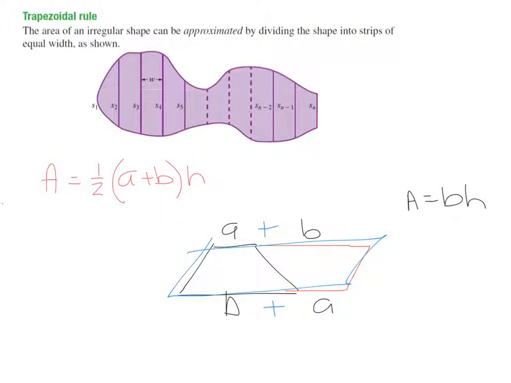And so then if we multiply by height, we get the area. And the reason we half it for a trapezium is, as you can see, it takes two to make a parallelogram. So like a triangle and a rectangle, we have that same idea. So that's where the formula comes from, and that's why it works up here, because all of these shapes are basically trapeziums. There's slightly curved sides, but trapeziums.